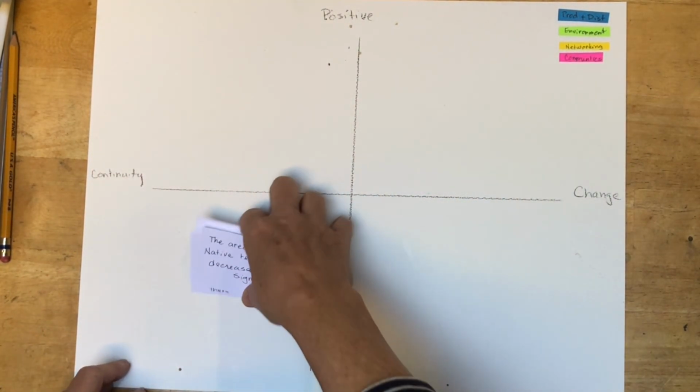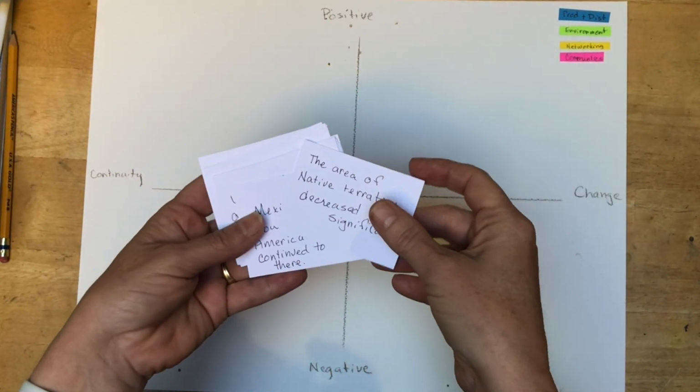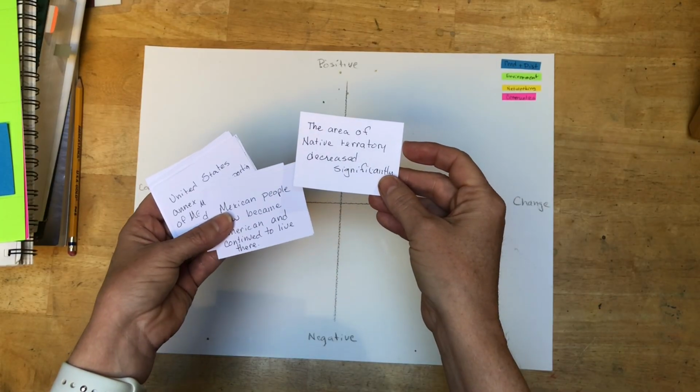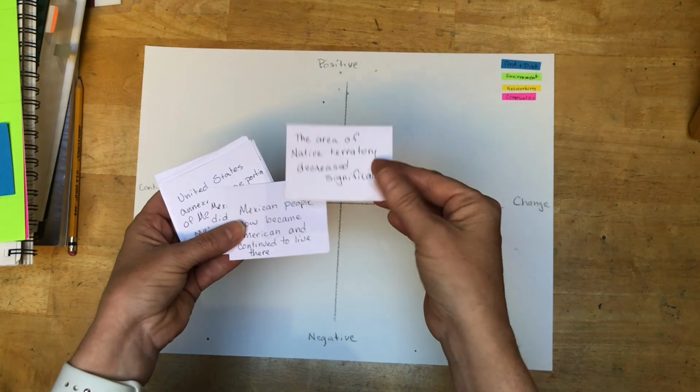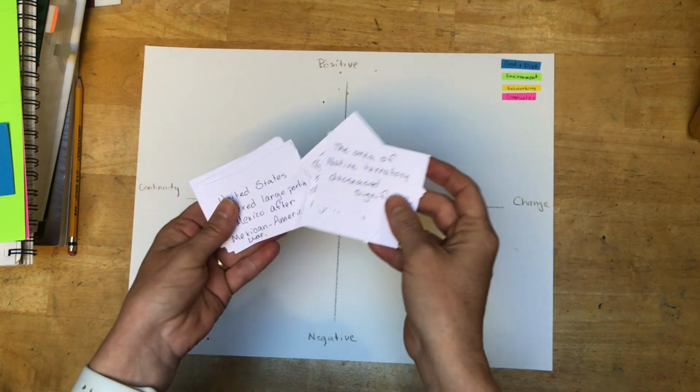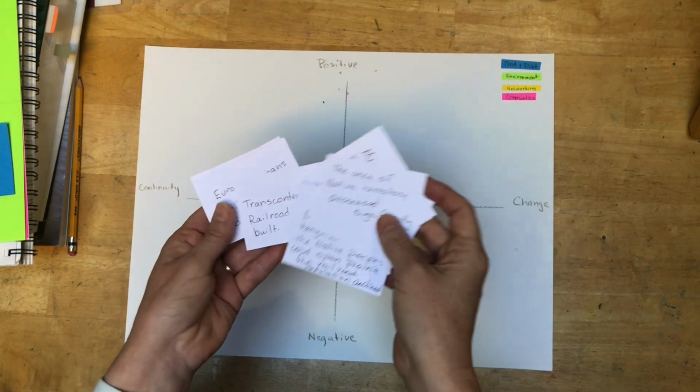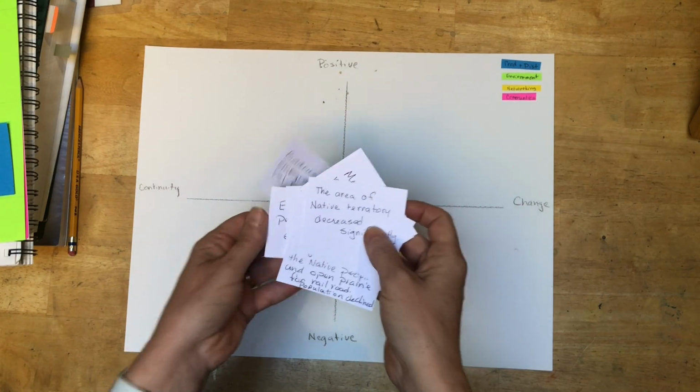So this particular tool is called Change and Continuity in Time. What we spent time doing yesterday was going over the different aspects of Westward Expansion that we were working on, and we just wrote different things.